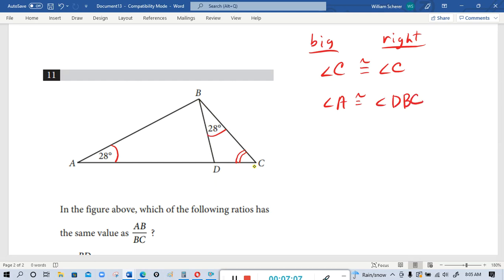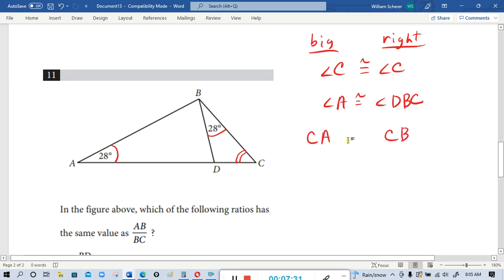Now we can make a similarity statement. C matches C. And then A matches, and you look at the letter in the middle, the vertex. A matches B. And then you just put the remaining letter.